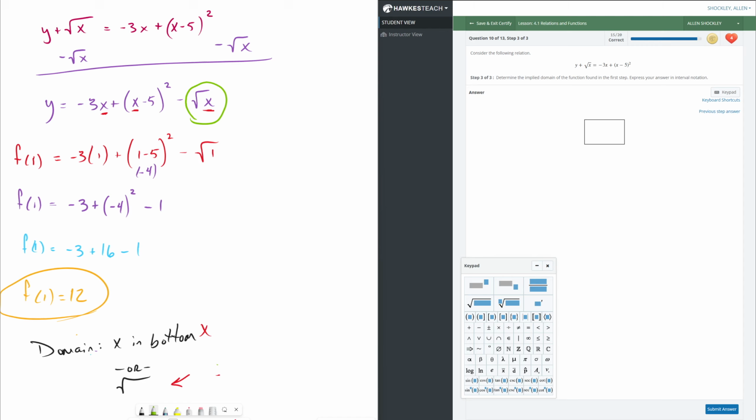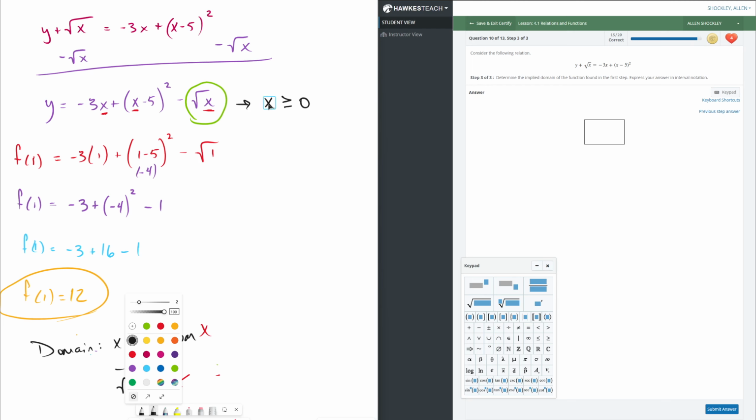And so what we want to figure out is for what values does this become false? So we're going to take whatever's underneath the radical. So for us, we're going to take x, and we're going to set it to be greater than or equal to 0. And as long as x is greater than or equal to 0, we'll get valid answers. They might not make sense for us, but mathematically they'll work.